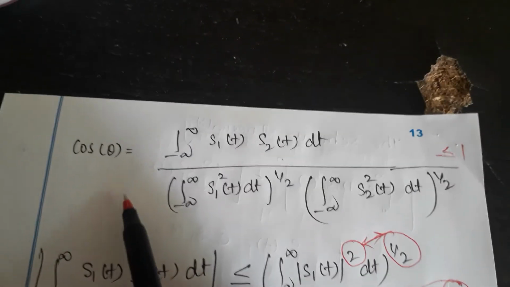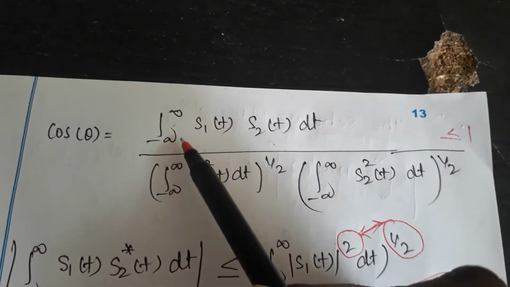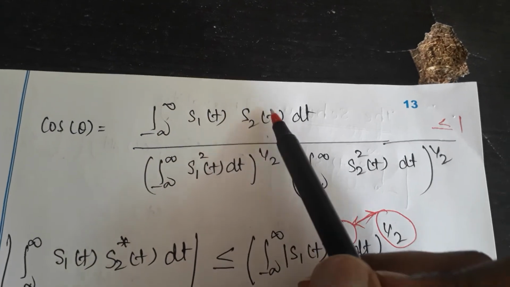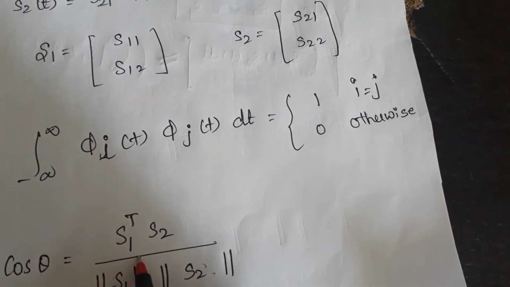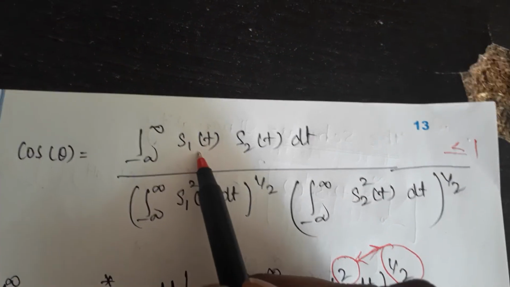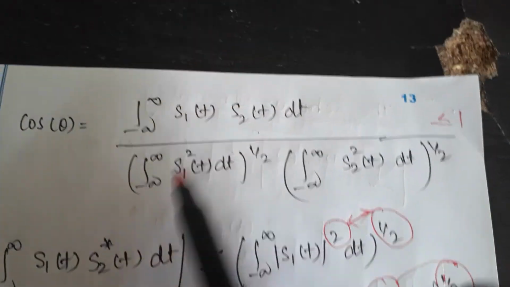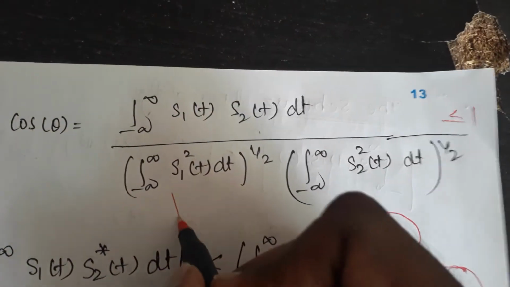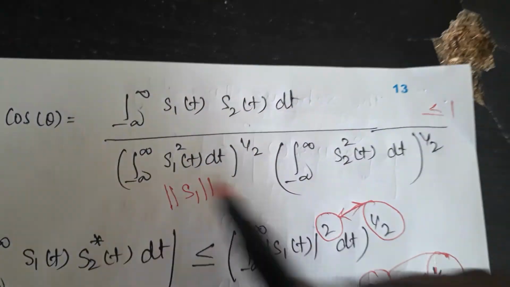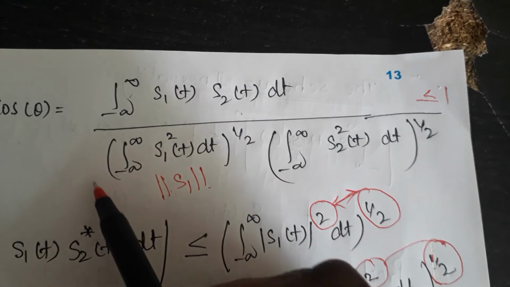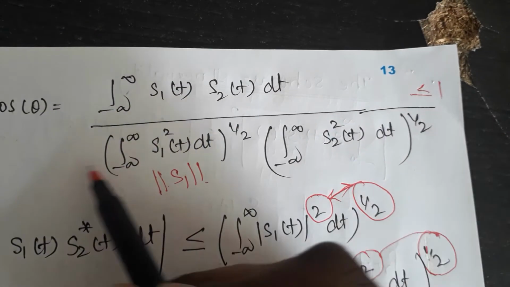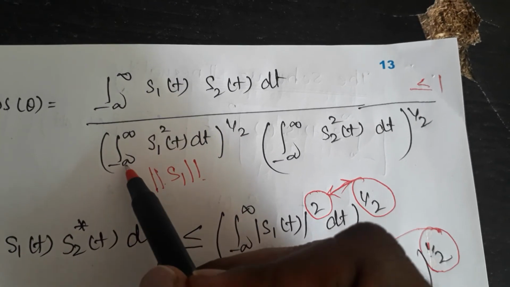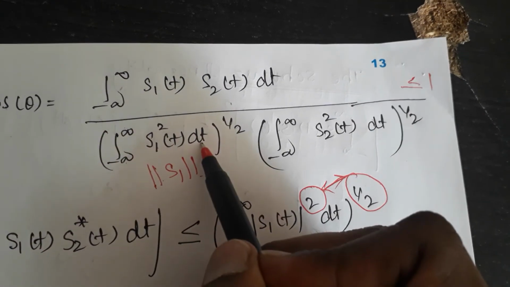So cos theta is the integral from minus infinity to plus infinity of S1(t) S2(t) dt, that is S1 transpose S2, divided by the absolute value, the double mod of S1, which is the square root of the integral from minus infinity of the squared signal dt.